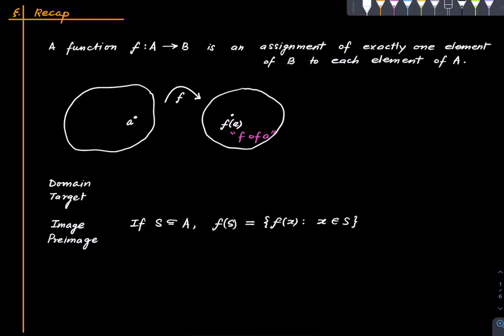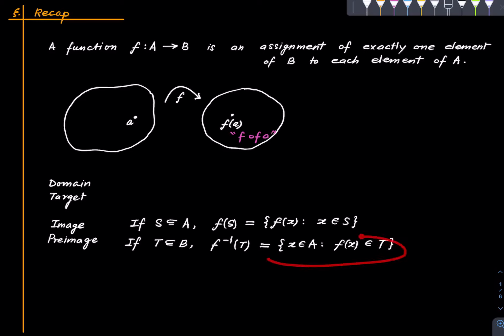And similarly, we have pre-image. This time, if you have a subset T of the target, then the pre-image with respect to f of this set is all those points in the domain which map into the set T. And this may very well be empty. This could be an empty set.